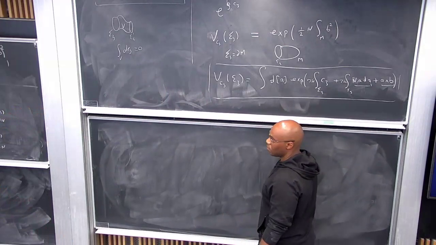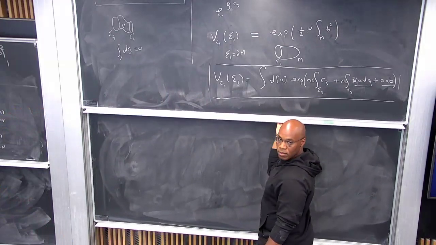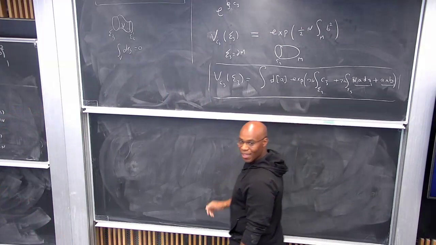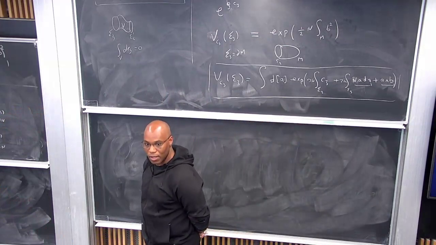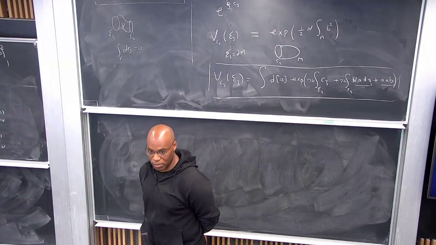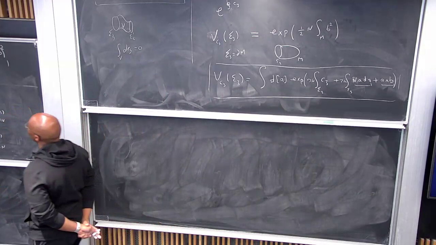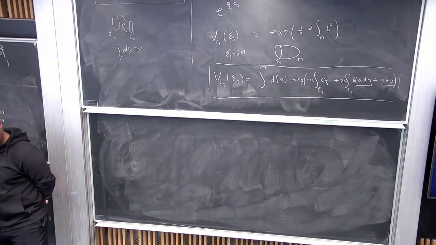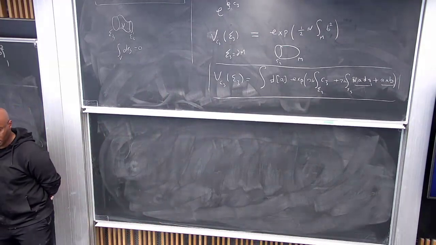Okay. Any questions about this? Go ahead. I probably asked this earlier, but was the coefficient of this interaction term quantized, or can it be arbitrary? No, it cannot be arbitrary. It's constrained by looking at the Gauss constraint and making sure that the theory is gauge invariant. That's right.